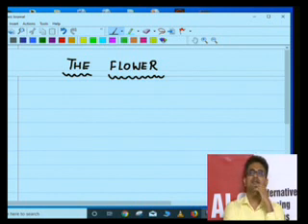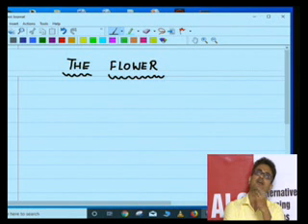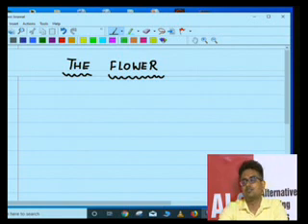Look, everybody has seen a large 100 petal rose or a 1000 petal rose, or a 100 petal marigold or 1000 petal marigold. These are large flowers. Actually, it is not 1000 petals, but the florists advertise it as a 100 petal rose or a 1000 petal rose.